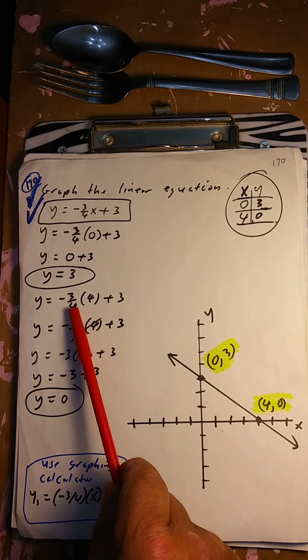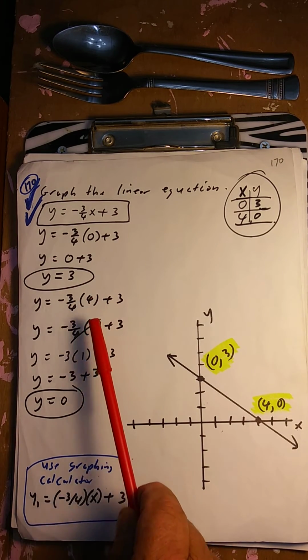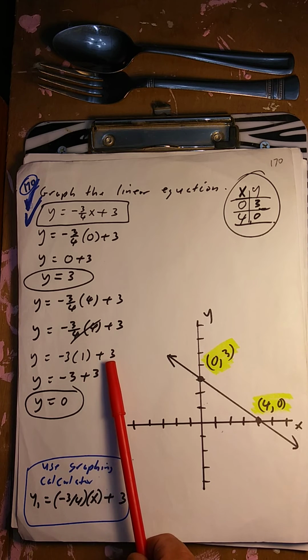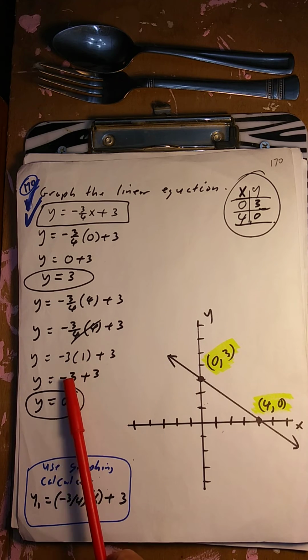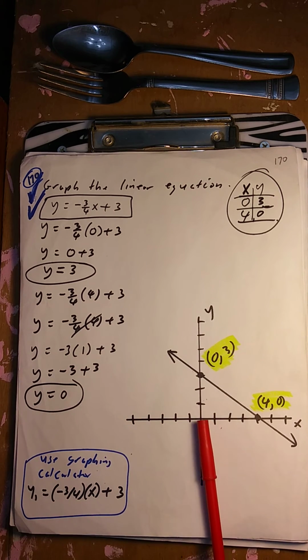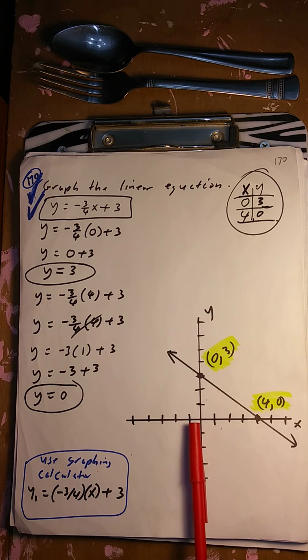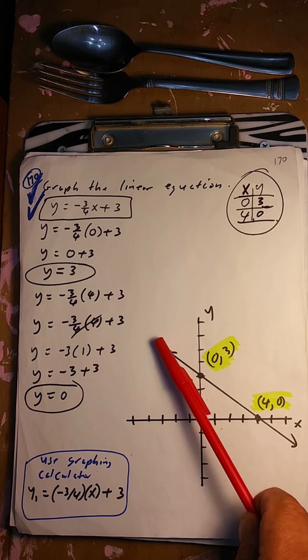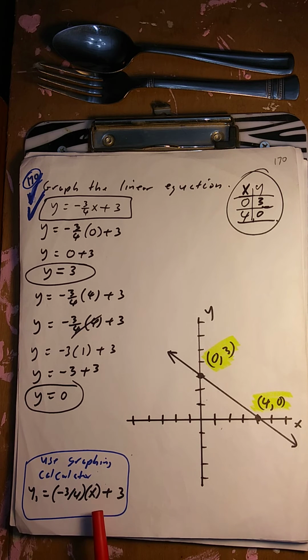Look, 4 divides 4, yes it does, 1. Now we have multiplication and addition, multiplication first. So that's negative 3 plus 3, which is 0. So we've got 2 points. We have 0 up 3 spaces, and we have 4: 1, 2, 3, 4, and right there. Connect the dots. Or use your graphing calculator. Put it in exactly like that and it'll come out.